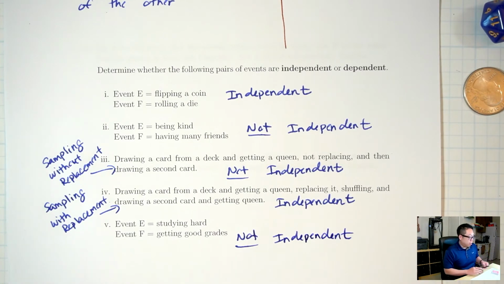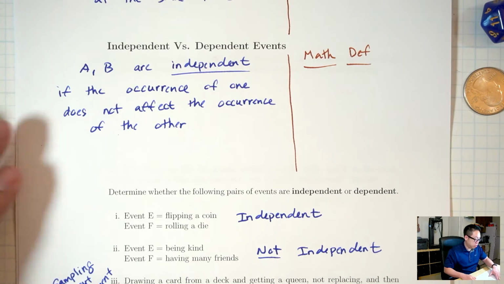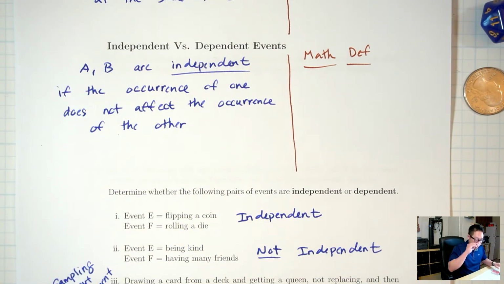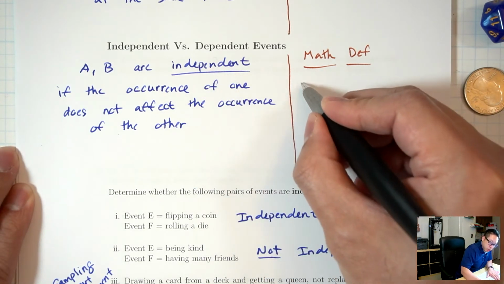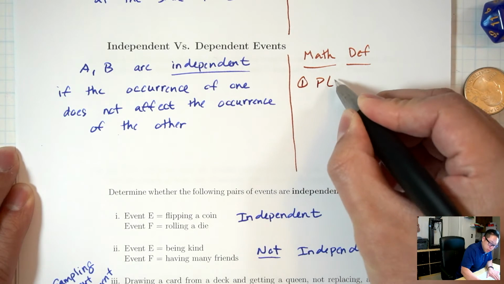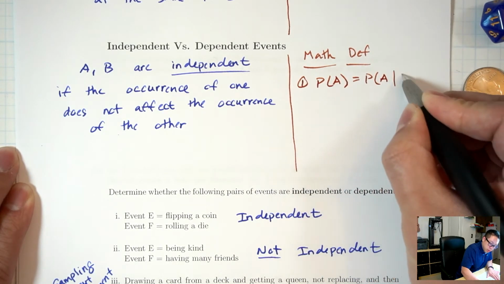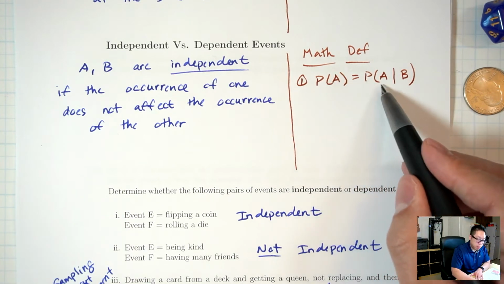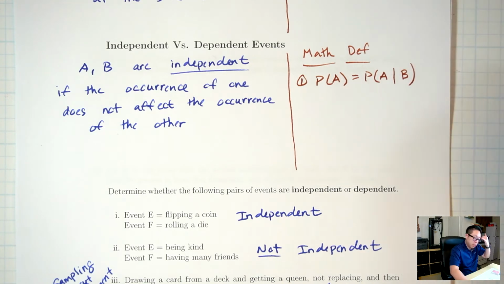Okay, so now let's go back and let me tell you the math definition that you need to check. So I'm going to write one down and then I'll explain it. So for independent, you're going to check probability of A equals probability of A given B. So where does this equation come from?